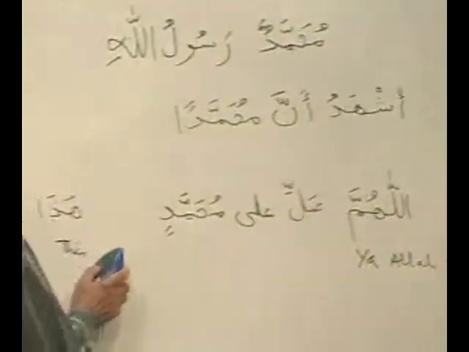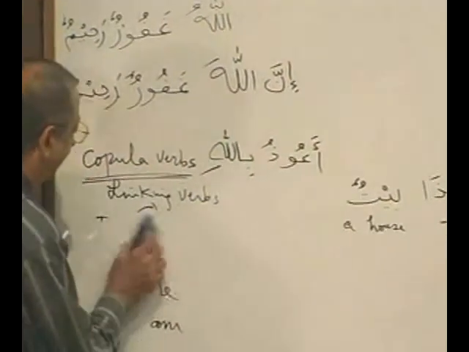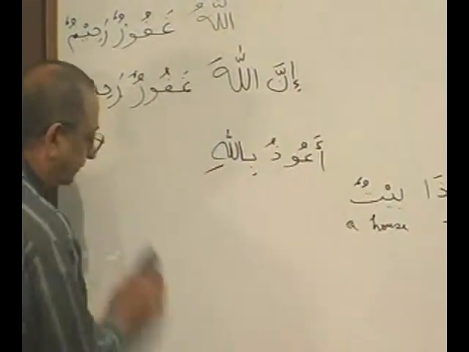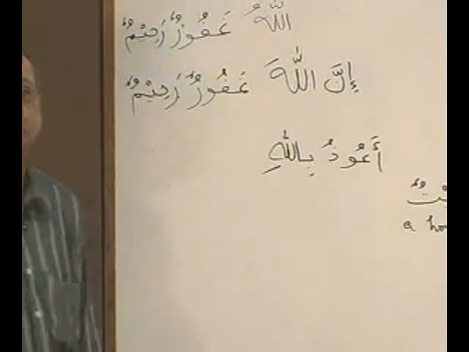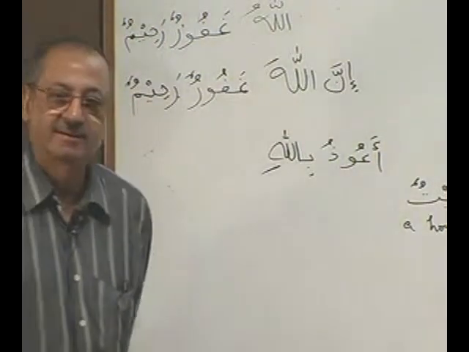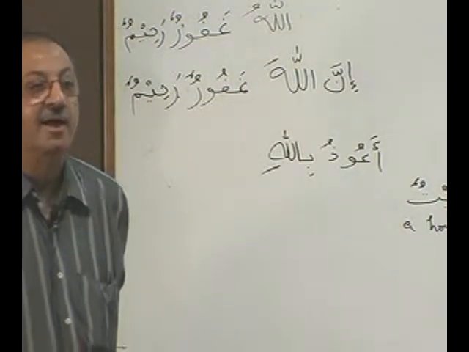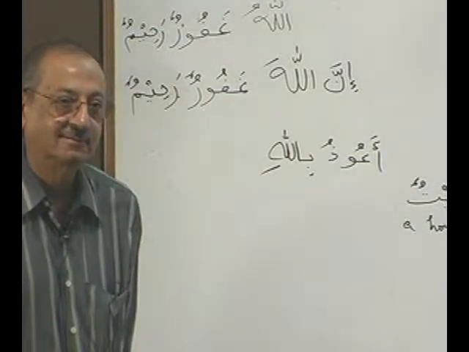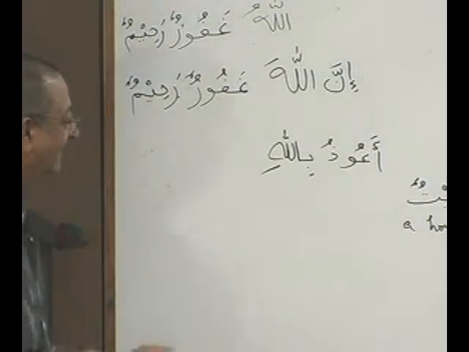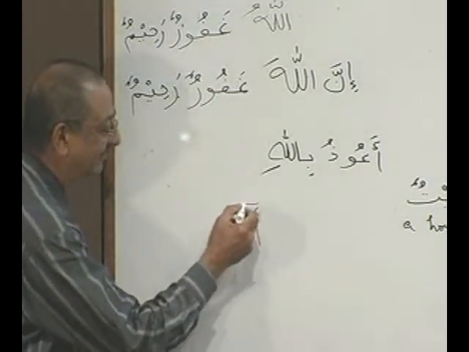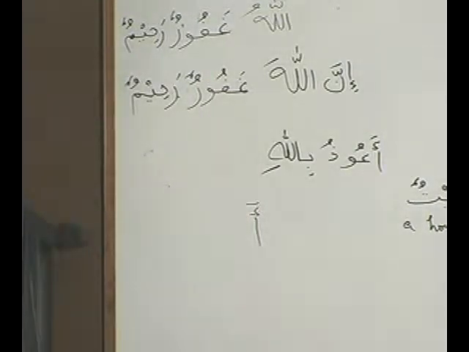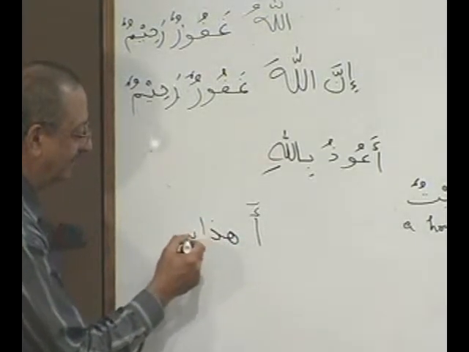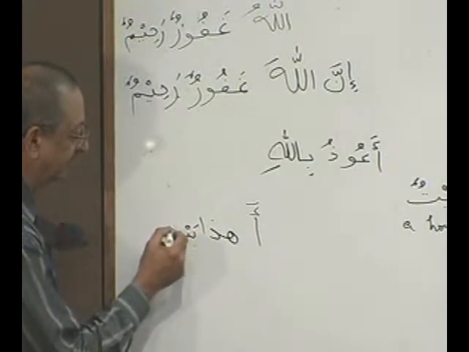Okay, brother. Now, I come to something here. Hadha baitun. This is a statement. This is a house. How do I change that into a question? By just putting Hamza. What will you say now? Ahadha baitun.